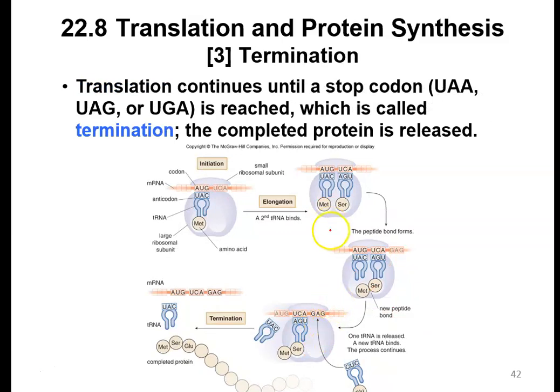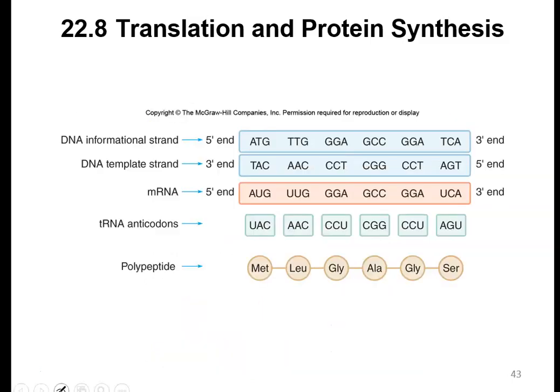So the translation continues until a stopping codon of either UAA, UAG, or UGA is reached, which is called the termination, and the completion of the protein. And here just kind of gives a summary of everything. So you have your DNA strand, and the mRNA copies our template here.